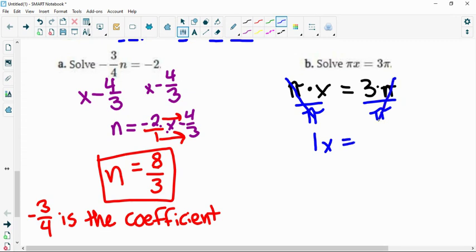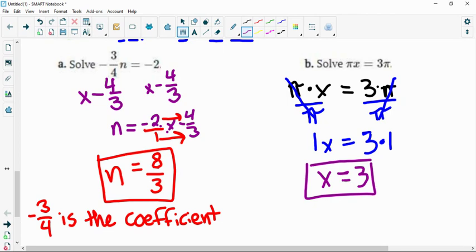But many people confuse the division sign with subtraction. Pi divided by pi is 1. But the 1 in front of the x, we don't keep that. 3 times 1 is 3.